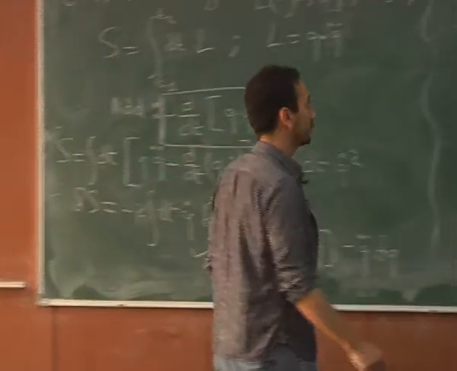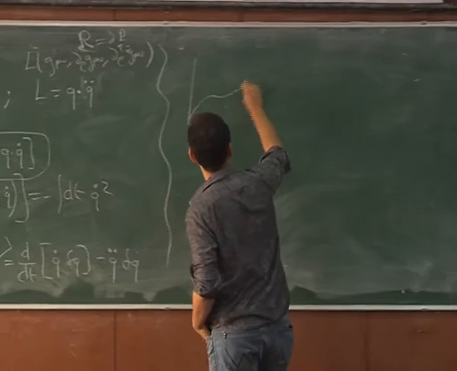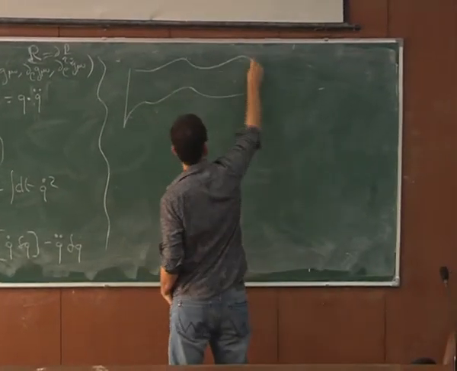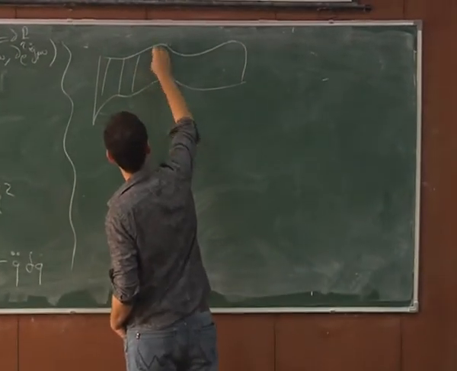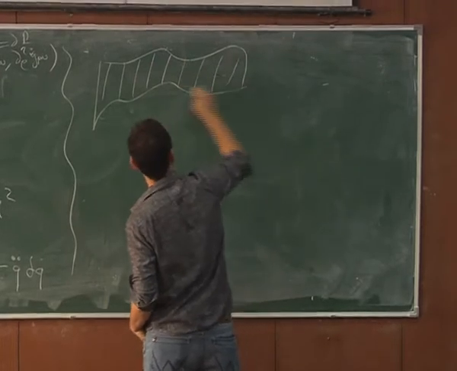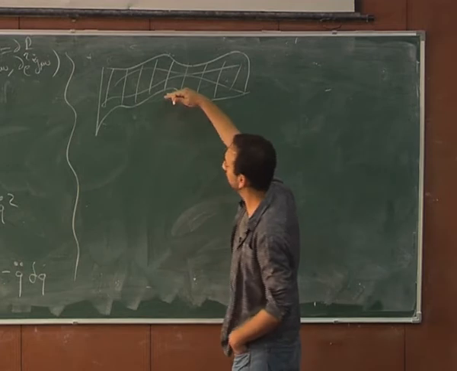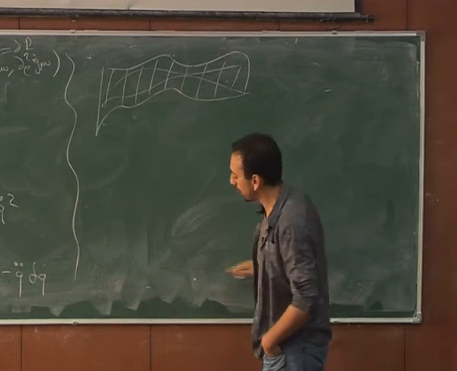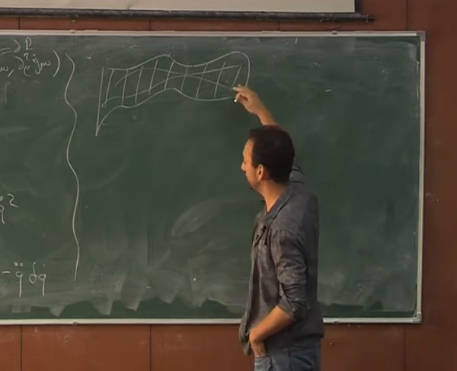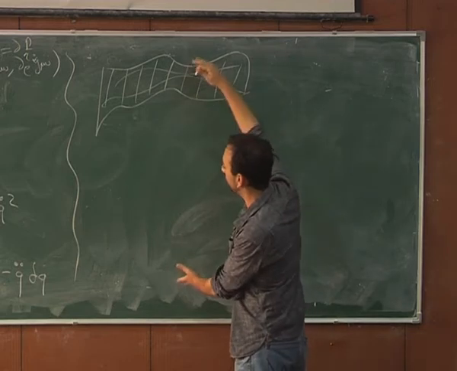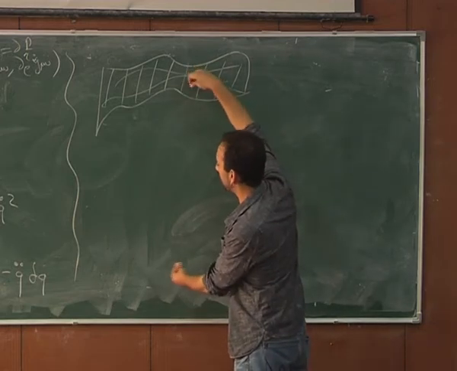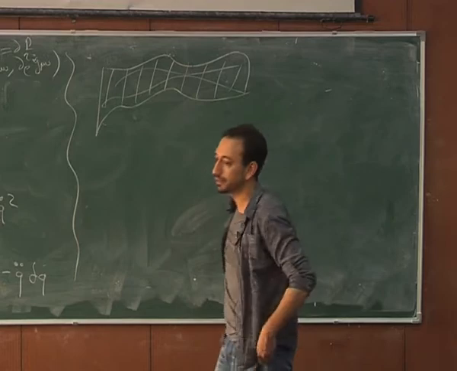So first of all, how do we define things for a hypersurface? So imagine that you have any form of hypersurface here. So this is going to be the boundary of my space-time. There is a hypersurface here, and this is going to be the full space-time. And I will fix my boundaries on these hypersurfaces.